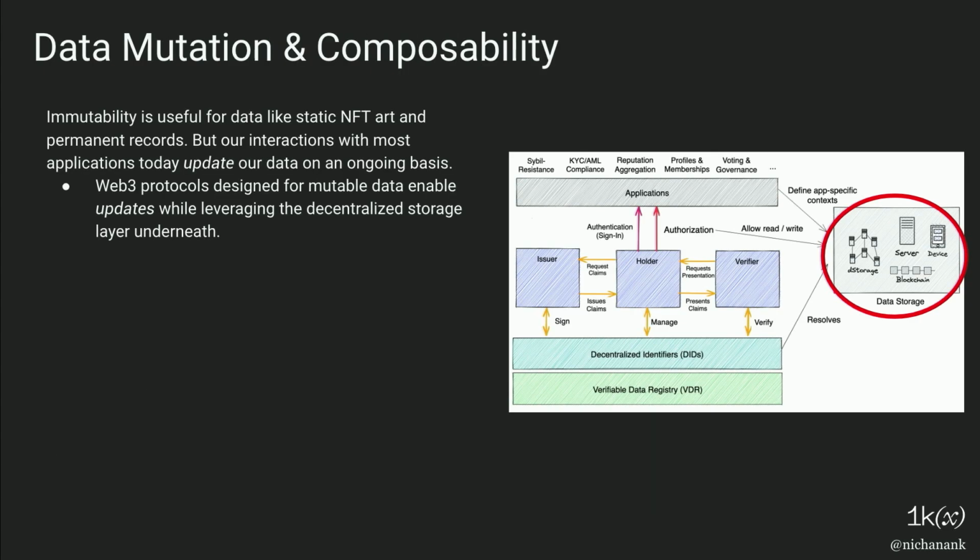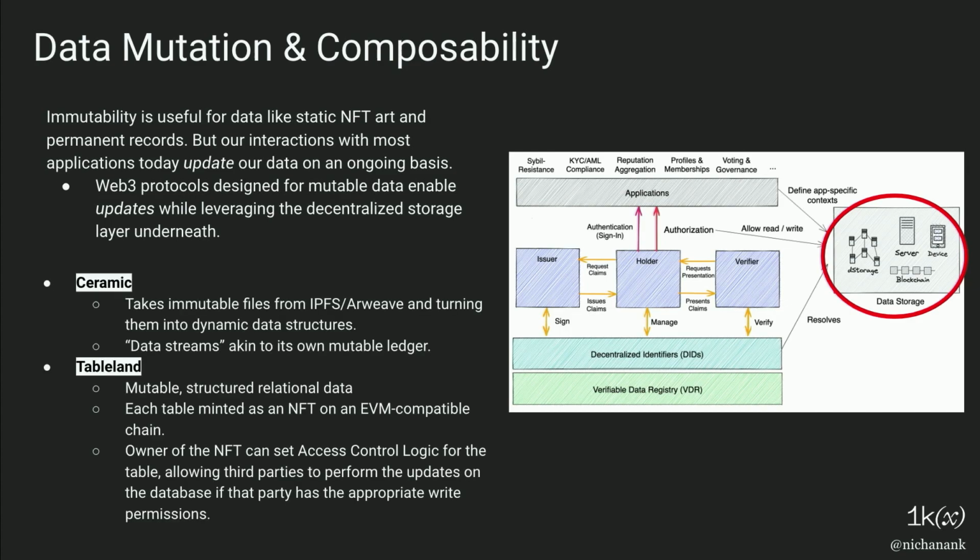In terms of how you update this data, the examples that we gave before work well with immutable data, but most of the applications we interact with today, you want to update your profiles and contributions and things like that, right? So the Web3 protocols that are designed for mutable data enable updates whilst leveraging the decentralized storage layers underneath.